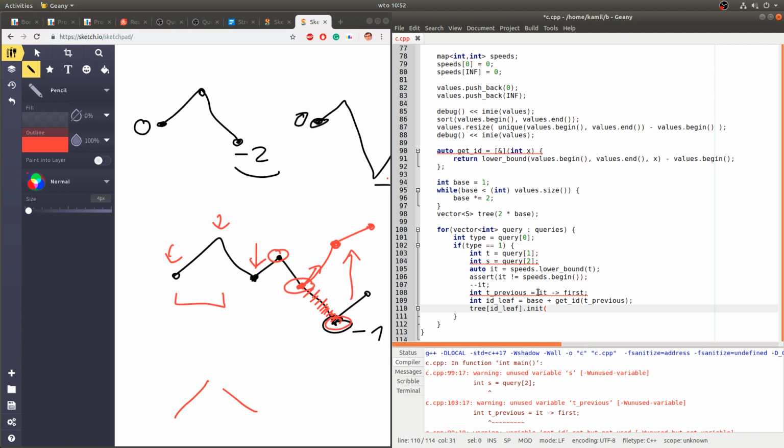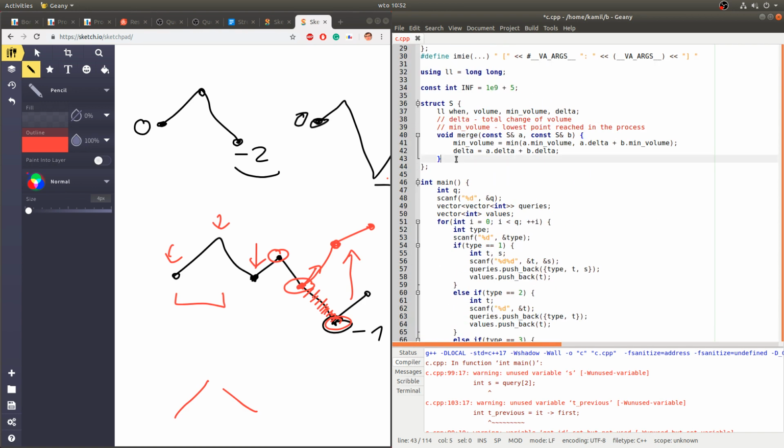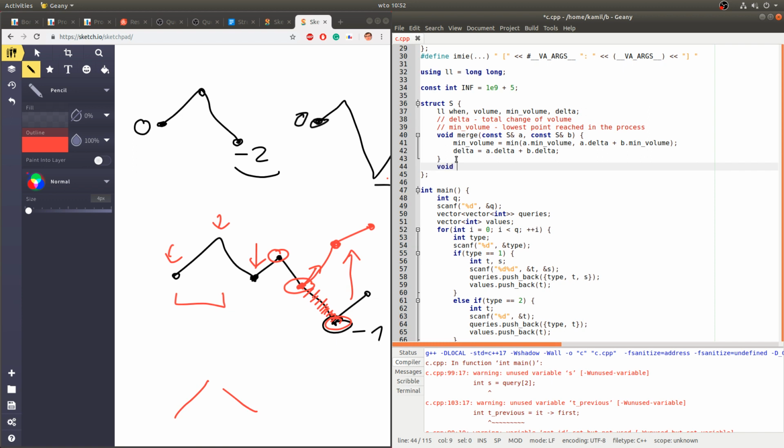Okay. Tree of ID leaf. Let's say init. And here you should be from the previous to current t with speed, well, with your speed, it second. Now for a node in a tree, init will get starting time t0, ending time, so makes sense, yeah, okay, t0, t1, and speed.